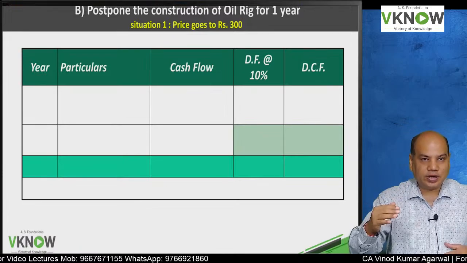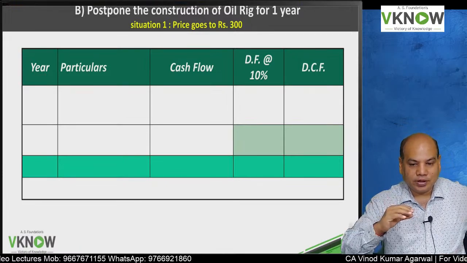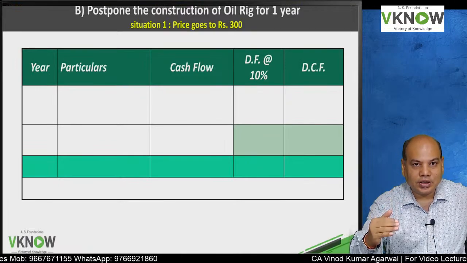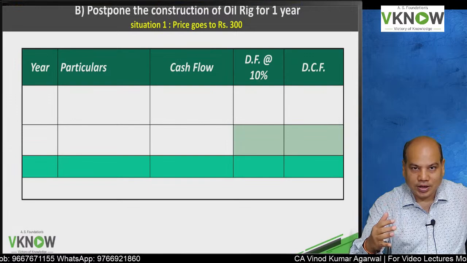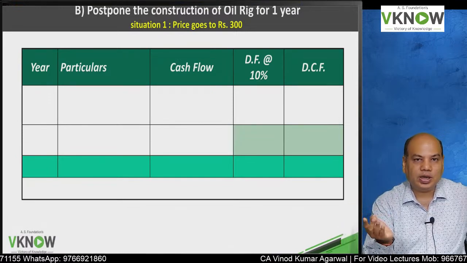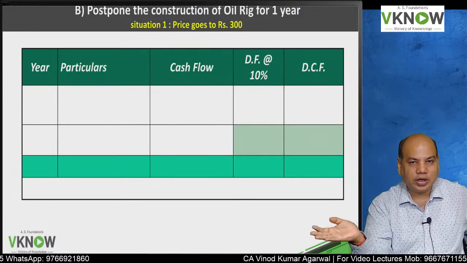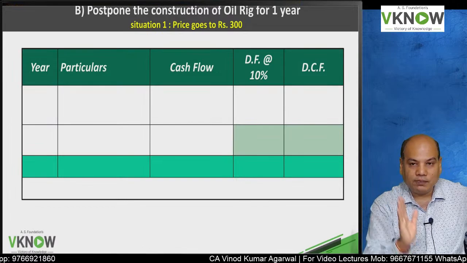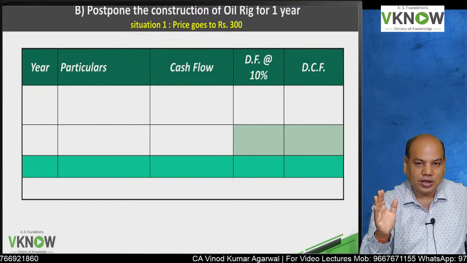Because after 1 year, I will get to know whether the price is 300 or whether the price is 100. That is the advantage of waiting. It will be either 300 or 100. If it is 300, what is my NPV?